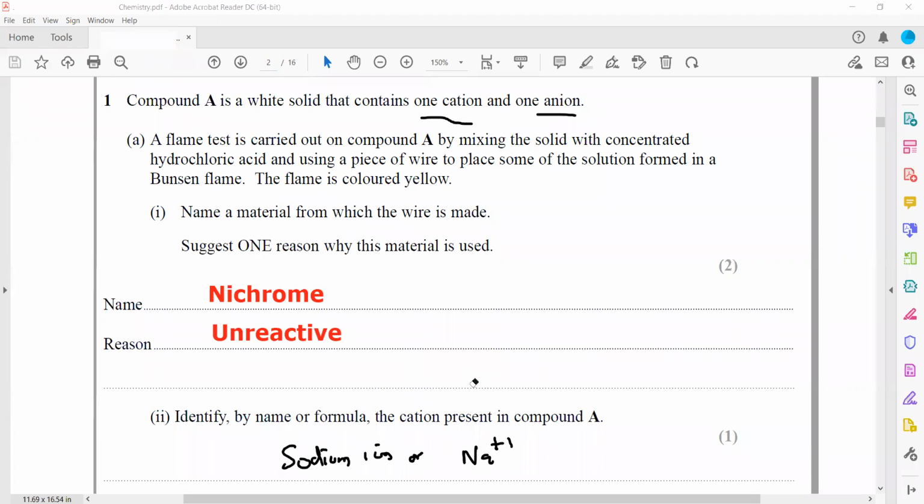If you write only Na, you will lose that 1 mark, because Na is not the symbol for the ion, it is for the atom. We identify the sodium cation, so it is Na+. Either write sodium ion or Na+.